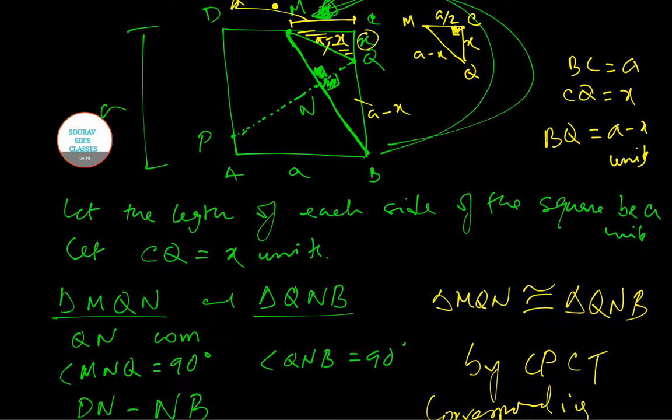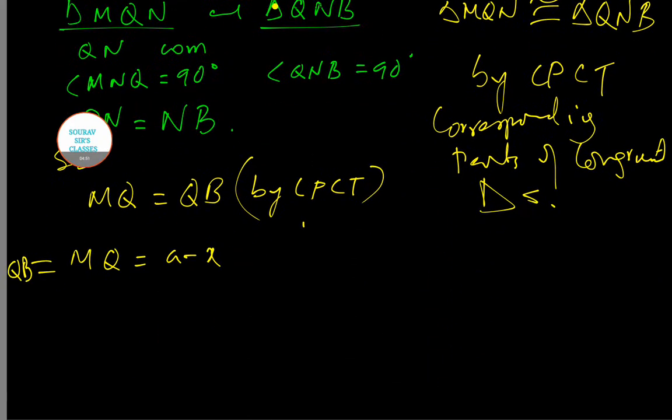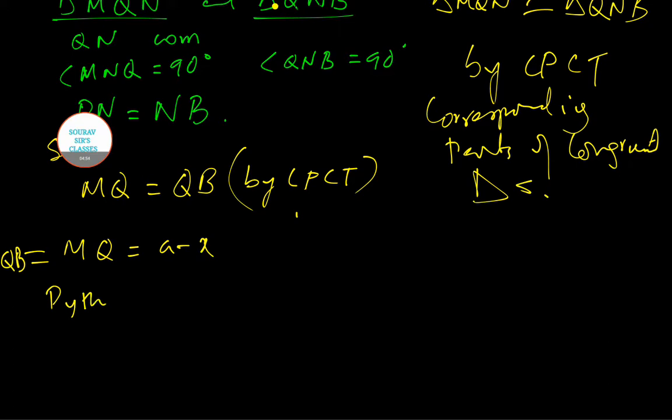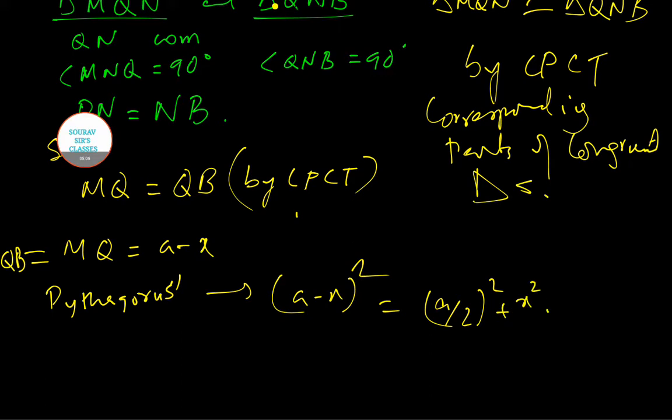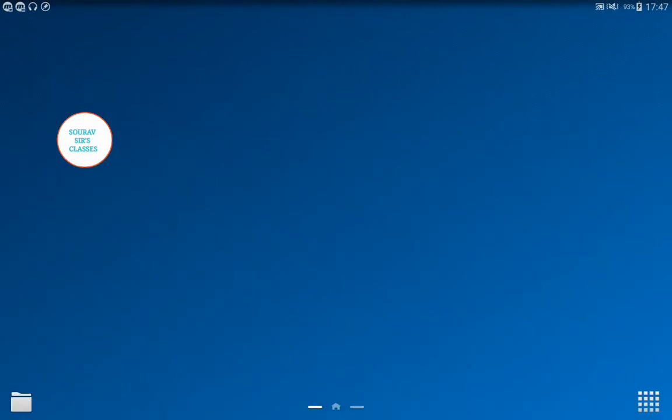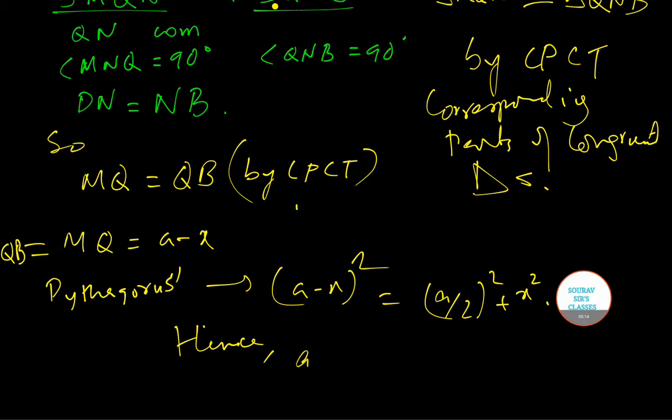So by Pythagoras' theorem we have (a minus x) square equals to (a by 2) square plus x square. Hence we have a square plus x square minus 2ax equals to a square by 4 plus x square.